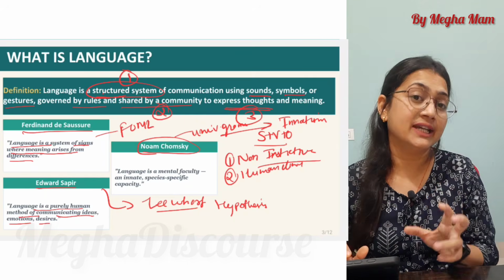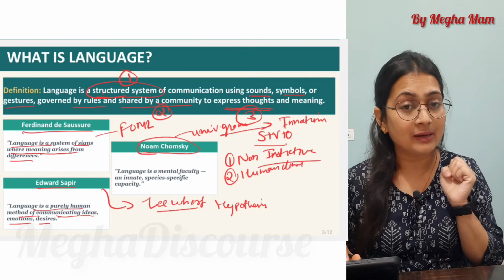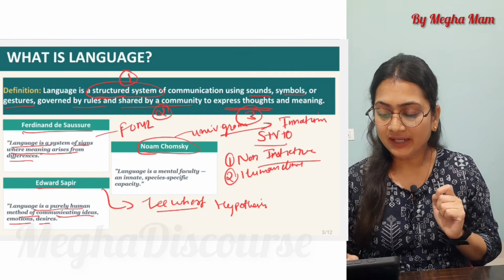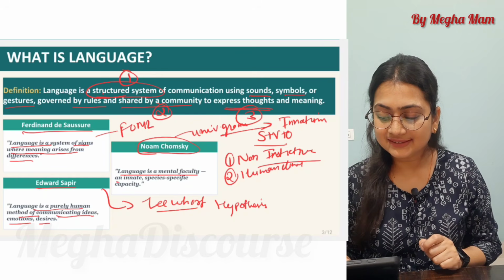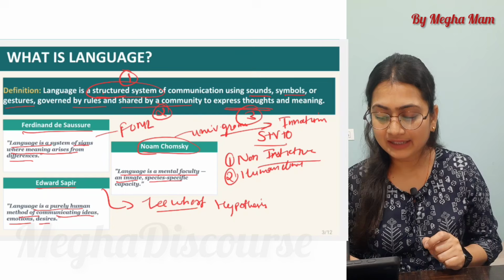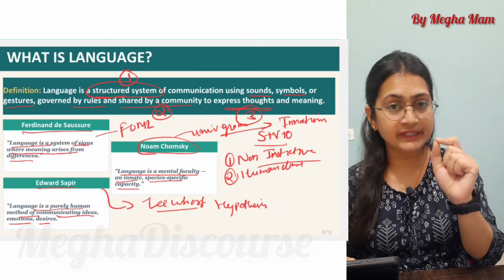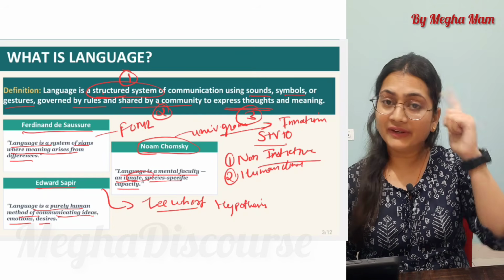Okay, so that is innatism. He has given the universal grammar approach. Language is a mental faculty, an innate, species specific capacity. I have told you about the innate one, mental faculty.